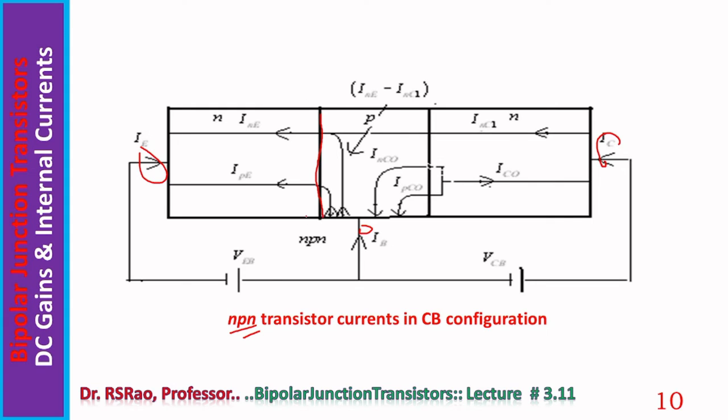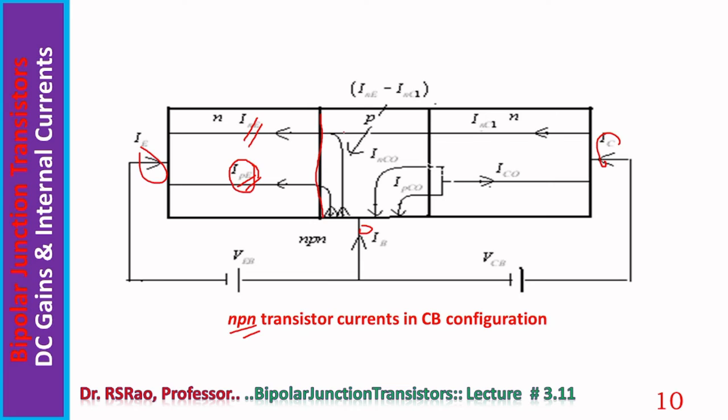Across a junction there exist two types of currents, majority carrier current and minority carrier current. If you consider the emitter region, majority carrier current INE, IP is minority carrier current. As already explained, IP is a waste component. INE, the majority carrier current, this one component is very large.